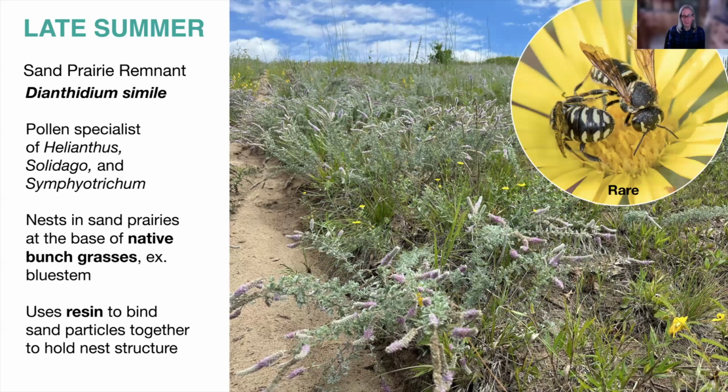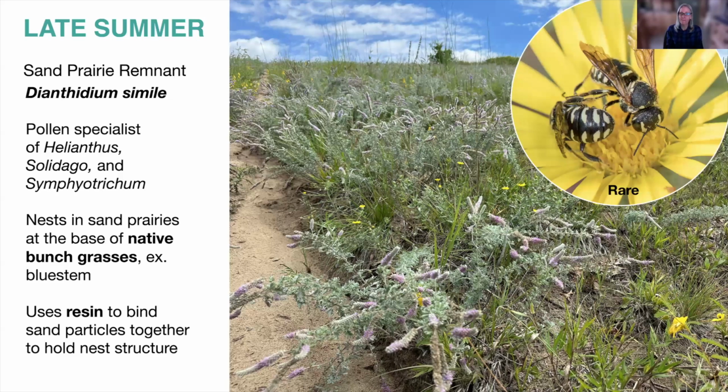But what's unusual about their habitat needs is they like to nest in pretty sandy habitats, but because they nest in the ground, they preferentially seem to excavate their nests at the base of the native prairie bunch grasses. And the fibrous root systems of the prairie bunch grasses provide a little bit of that structure to hold their nest together.